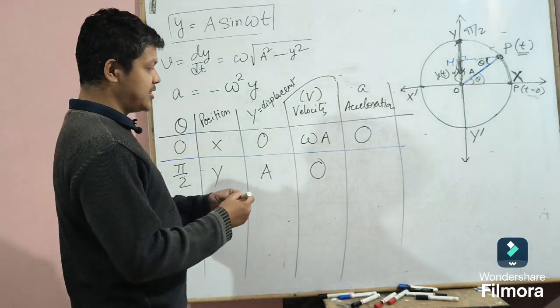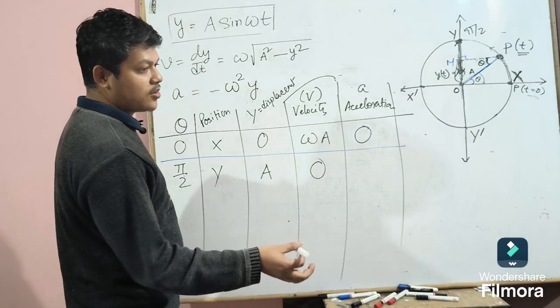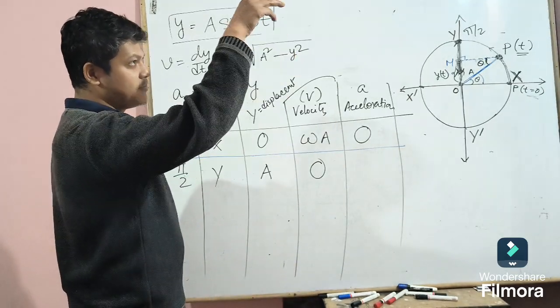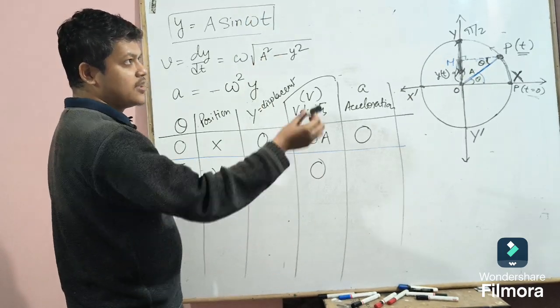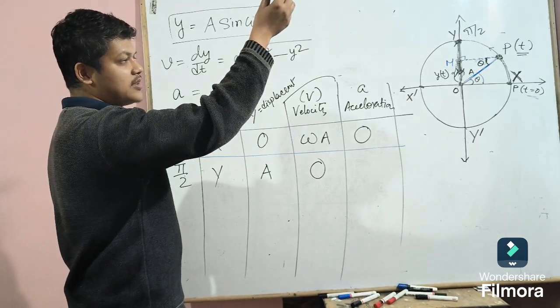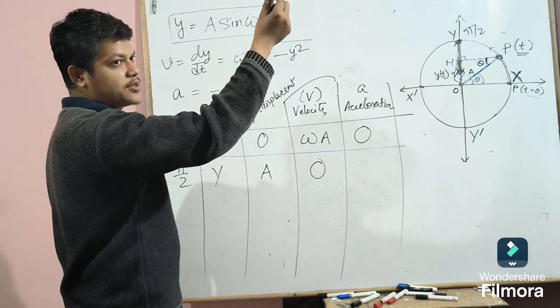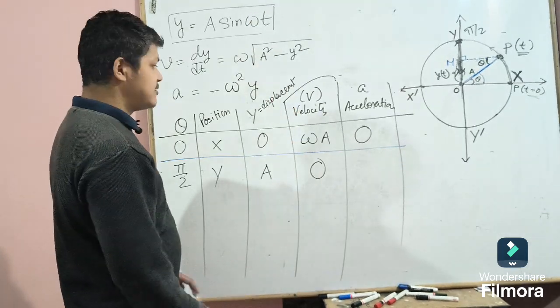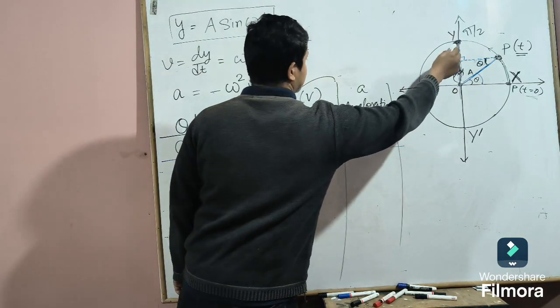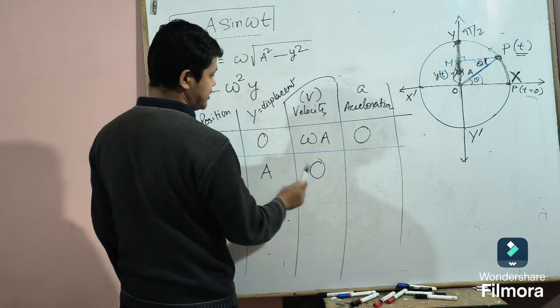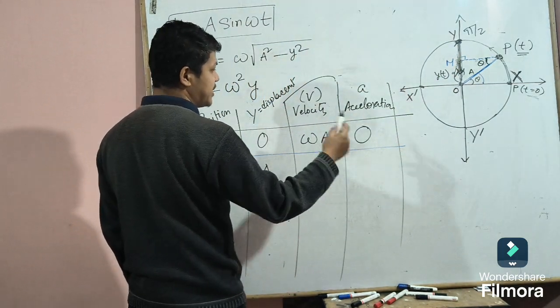So you can compare with this, if an object is thrown vertically upward, when it reaches the maximum height, just before it starts falling down, its velocity becomes 0, then again it is increasing downward, right? So at the maximum height, when m reaches there, the velocity will be 0, and acceleration will be maximum.